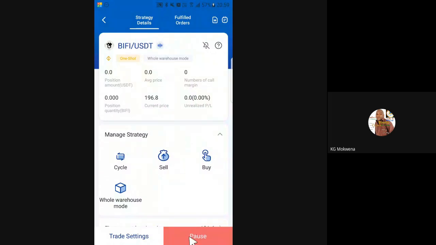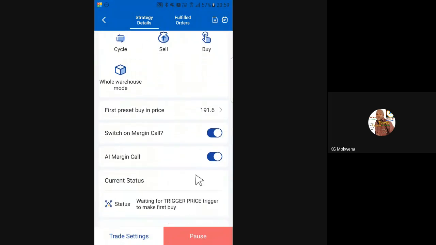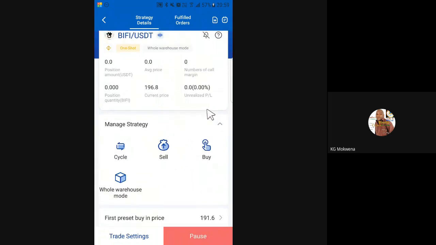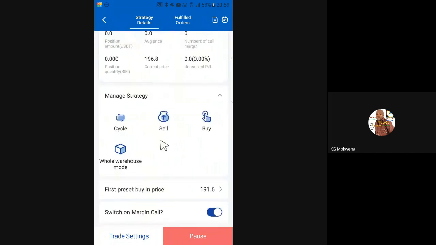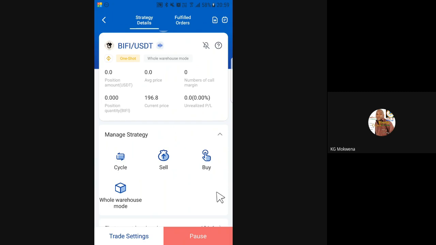This one is active, but look at the preset price, 191.6. Currently, the market is at 196. So 191 was our first preset buying price, but currently the market is trading at 196. Our price is a bit lower still, but let's check what is happening with 191.6, and then you just look at the candlesticks.